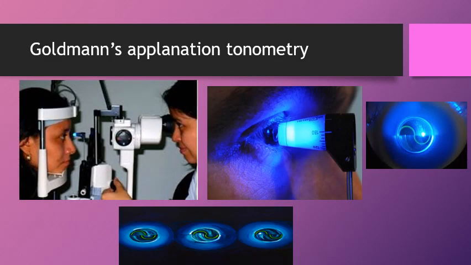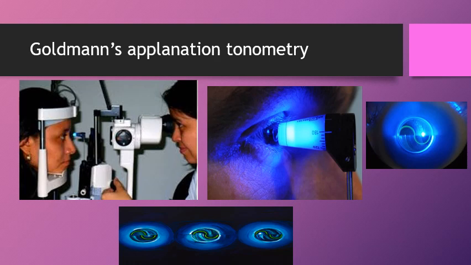The next method of measurement of IOP is Goldmann applanation tonometry. The concept of applanation tonometry was introduced by Goldmann, so it is called Goldmann applanation tonometry. It is based on the Imbert-Fick law, which states that the pressure inside a sphere equals the force required to flatten it divided by the area of flattening.